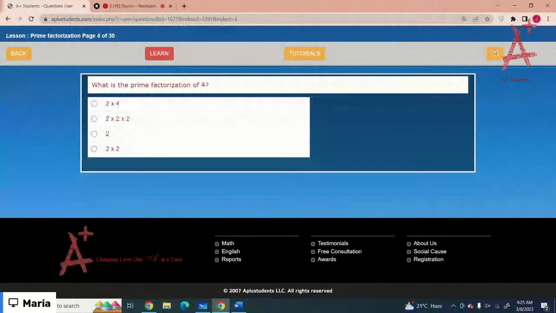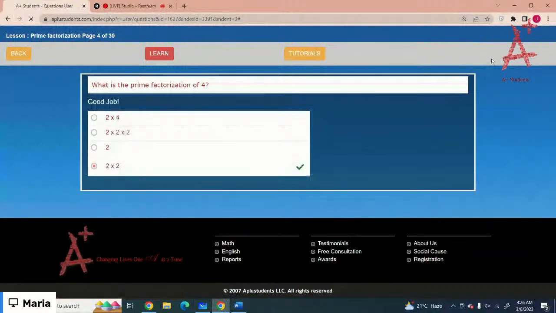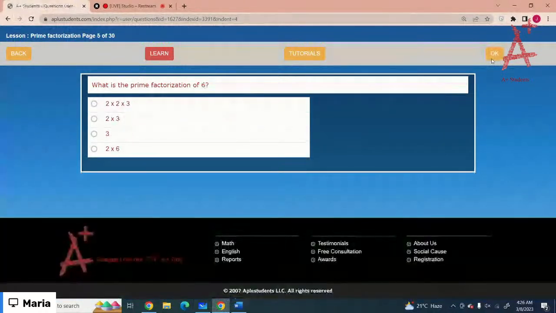Okay, what is the prime factorization of 4? Very good. 2 times 2 is the prime factorization of 4. But the very important point you have to keep in your mind is both the factors must be prime.